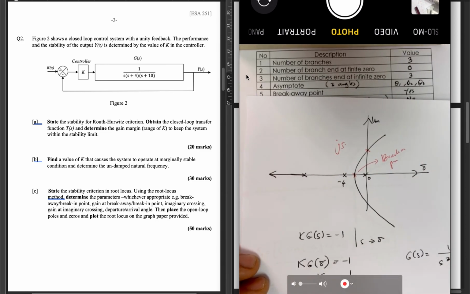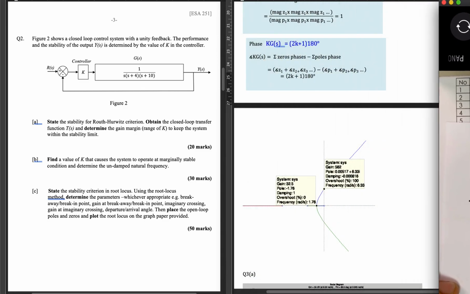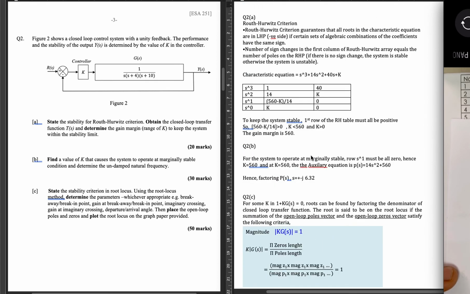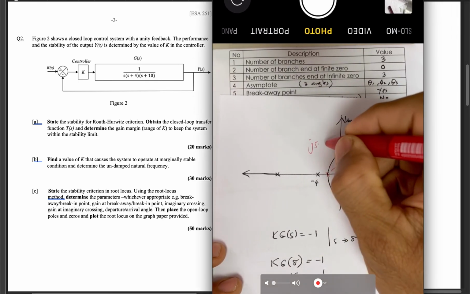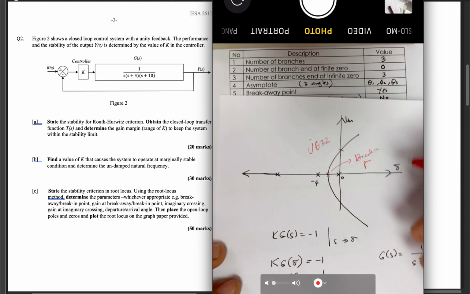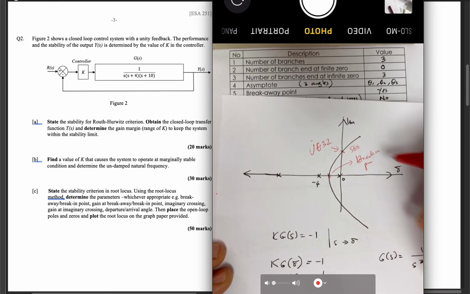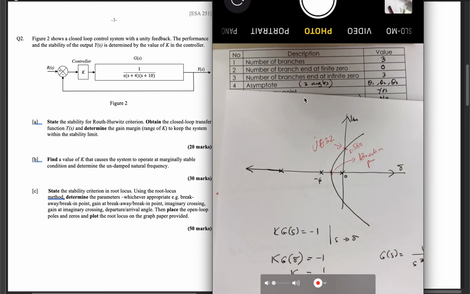J 6.32, 6.32 there. The K at this point is 560.